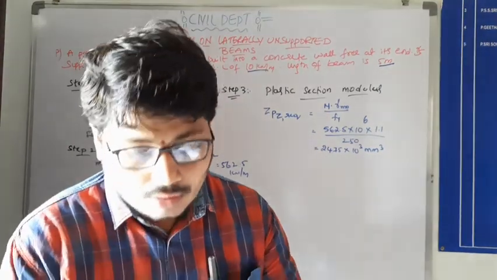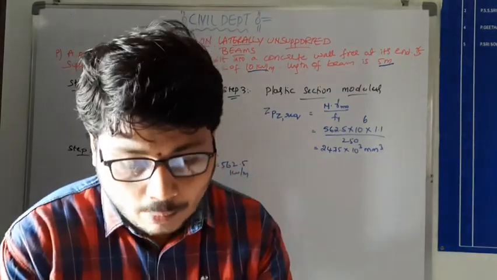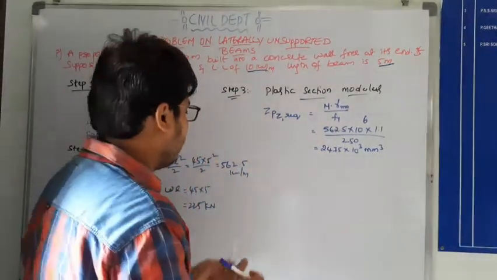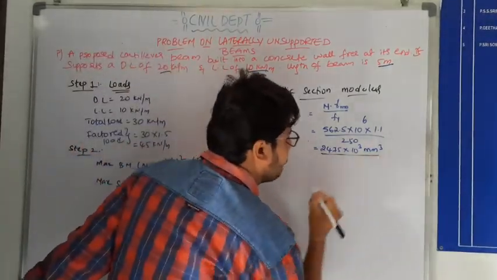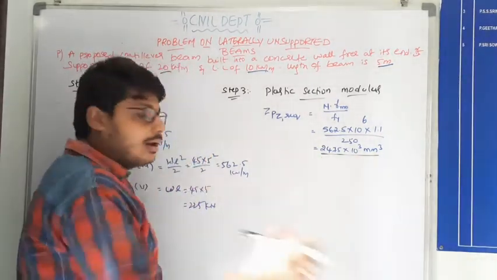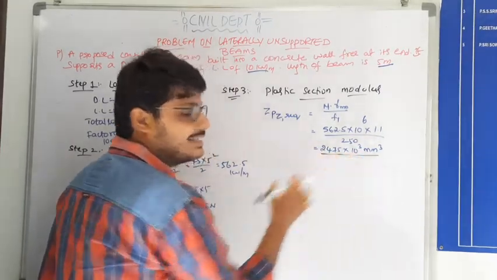So what is the next step? We should take a possible section for the plastic modulus, which is 2475 into 10 cube. Select the section whose value is greater than ZPZ.